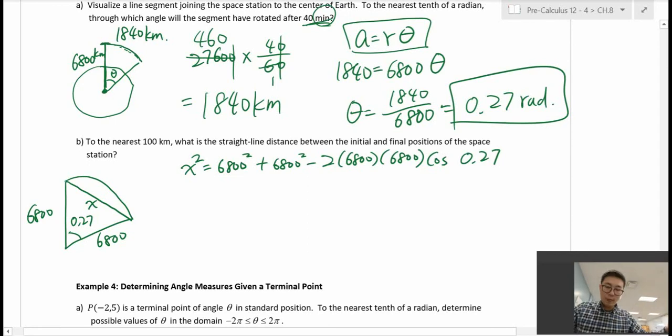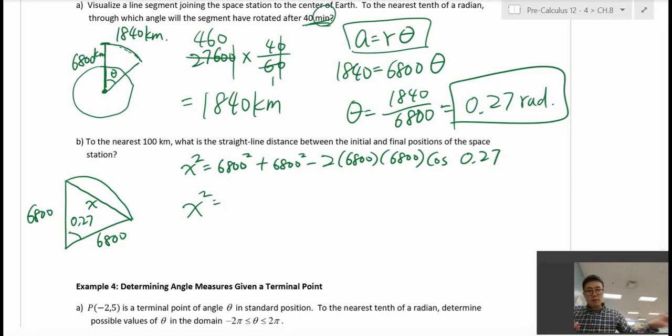Okay, so now you can put this into the calculator. So 6,800 squared, 2 of them, minus 2 times 6,800 squared times cosine 0.27. You get x squared is equal to 3,350,467.504.